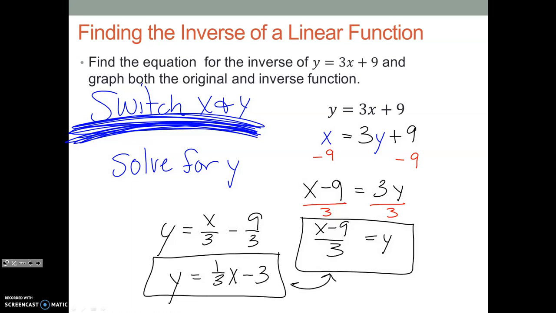Both of these would be completely acceptable answers, and I would not care which one you end up using. Either one of them would work. But again, just to reiterate, how do we find the inverse of a function? Just switch it.